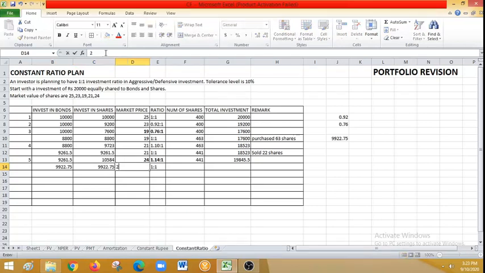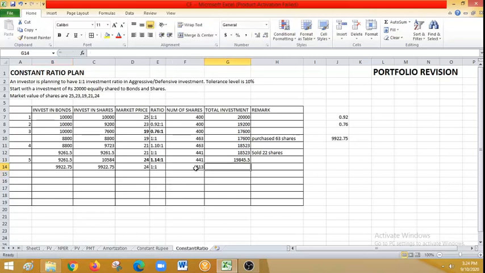What is the price of share? 24. Okay, so how many shares would I be holding now? Investment in shares divided by the price of share. So how much? 413. I would just approximate it to 413.